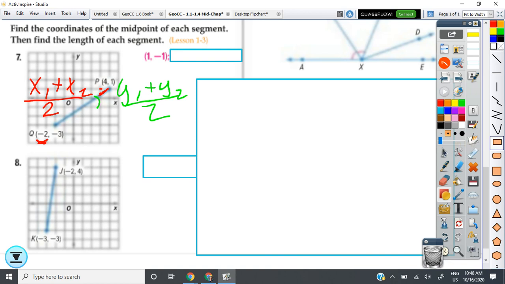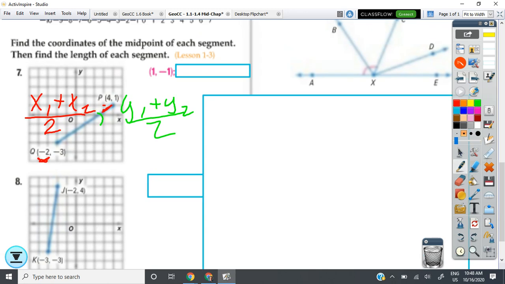Okay, so I'm going to label the point on the left point 1, the one on the right point 2. You could do it either way, it still works out. So I'm going to say -2 plus 4 all over 2. And I'm just going to solve that one out real quick. 2 over 2 equals 1.